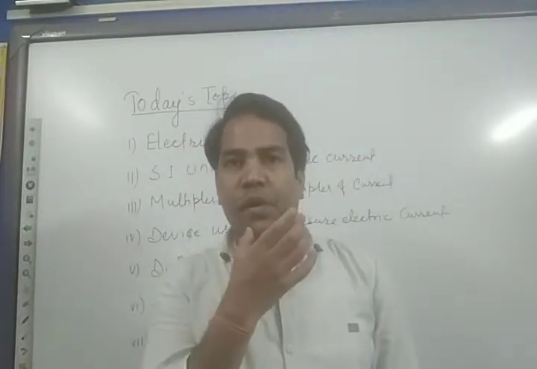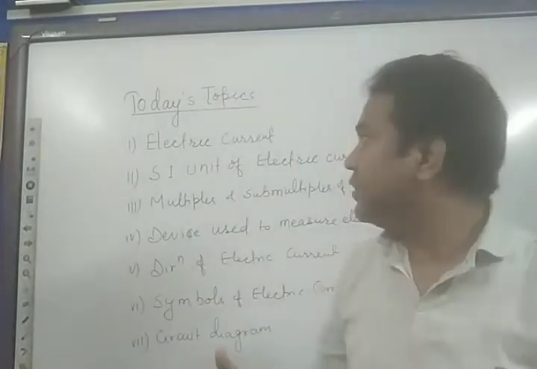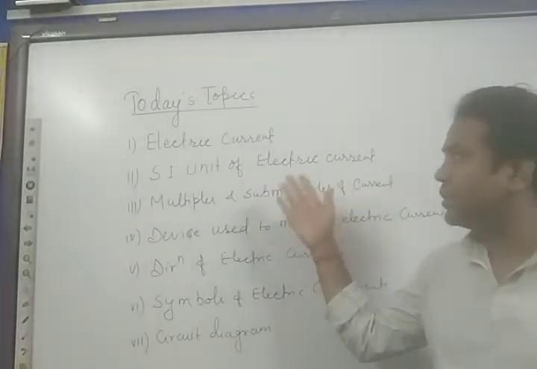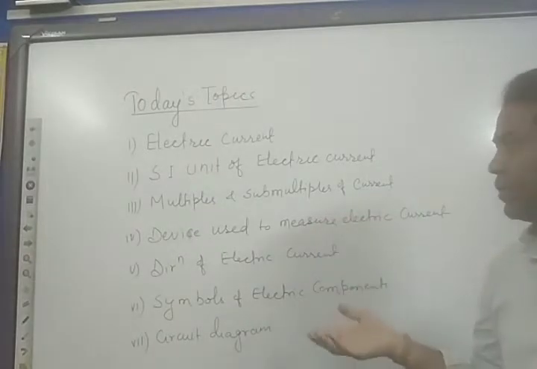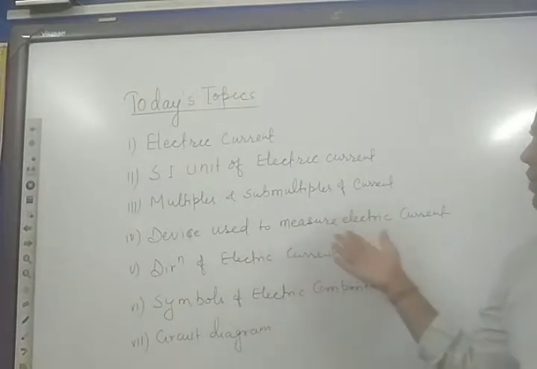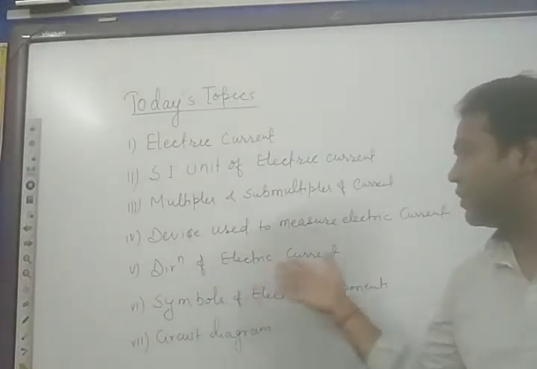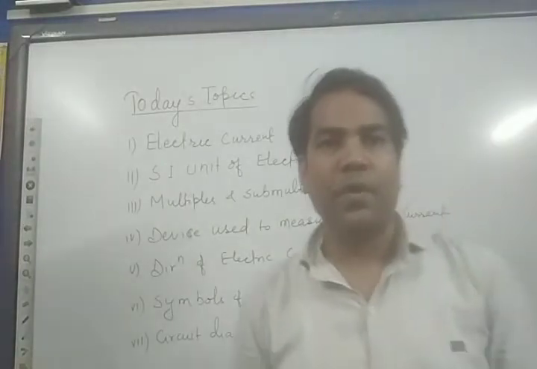In this video, what we are going to study today is already on the board. We have to study about electric current, SI unit of electric current, multiples and submultiples of electric current, device used to measure electric current, direction of electric current, and all these things written on the board.